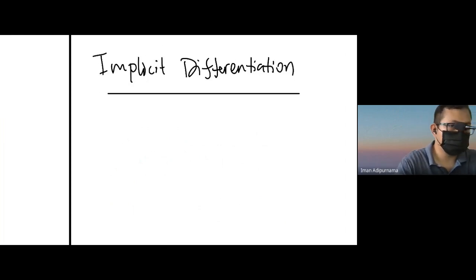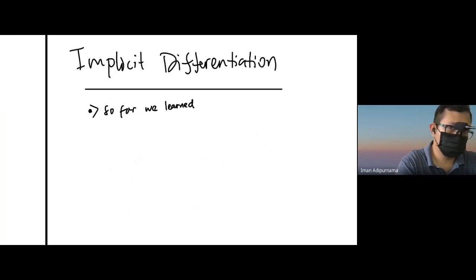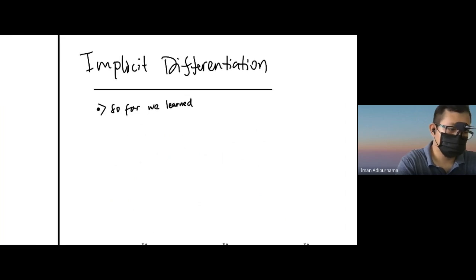Implicit differentiation. From what we have learned so far, we learned functions expressing only one variable.